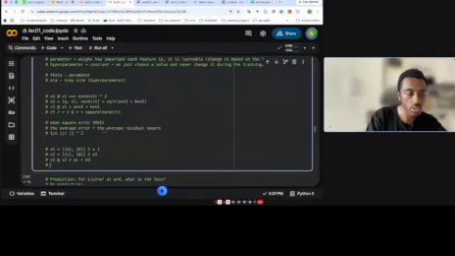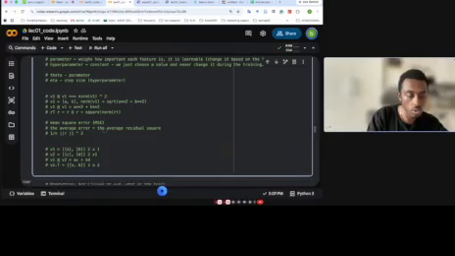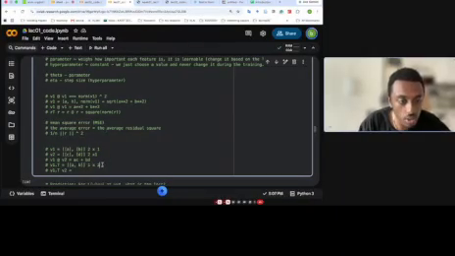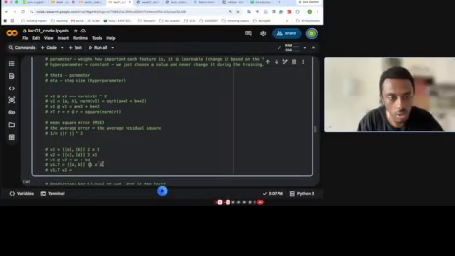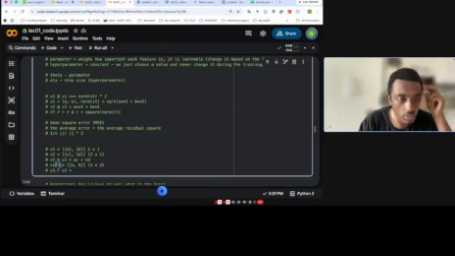Then what's v1 transpose? v1 transpose is going to be a comma b. The shape is going to be 1 by 2, right? So if you multiply v1 transpose with v2, v1 transpose has shape 1 by 2, v2 has shape 2 by 1.